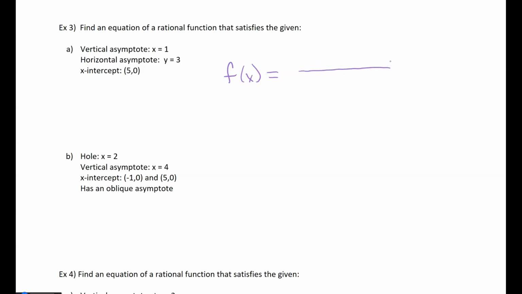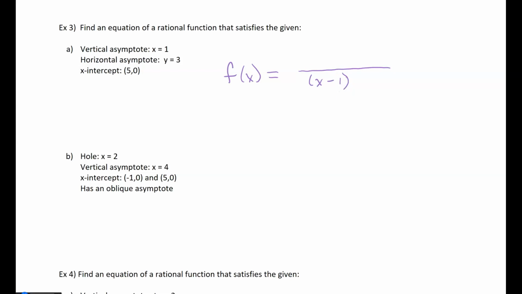The information given: first, a vertical asymptote at x equals 1. Knowing that vertical asymptotes come from the denominator, the expression that creates x equals 1 is x minus 1, so we get an x minus 1 in the denominator.